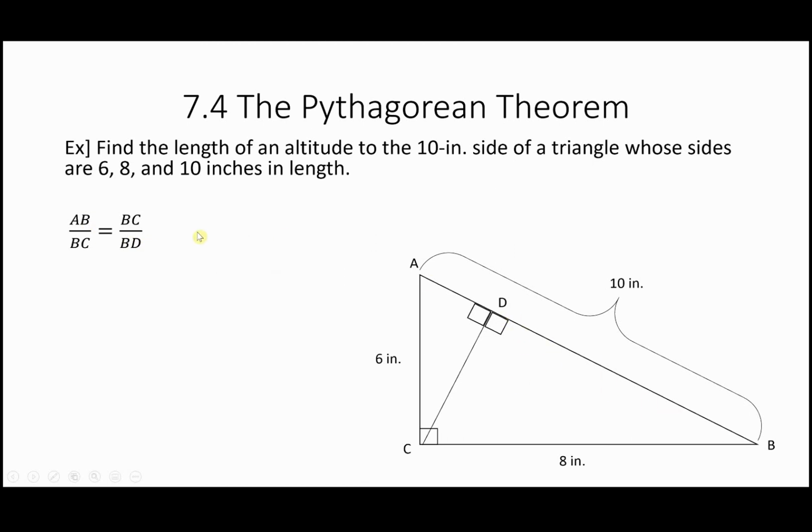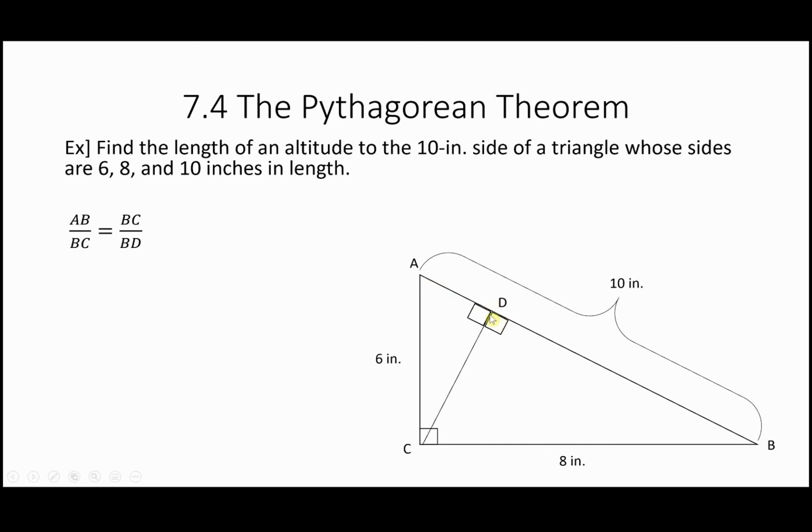Now that's going to allow me to find the length of the line segment BD. That's not the altitude that's being asked of us to find. There's not enough information at the moment with what was initially given to us to go straight to finding the length of this altitude. I wish it were so, but we're going to have to take an intermediate step to find either this hypotenuse segment, or you could have found the AD hypotenuse segment if you wanted to.